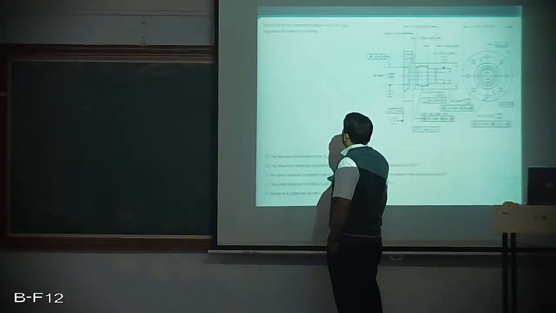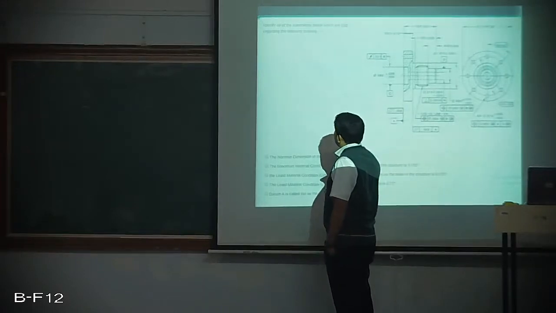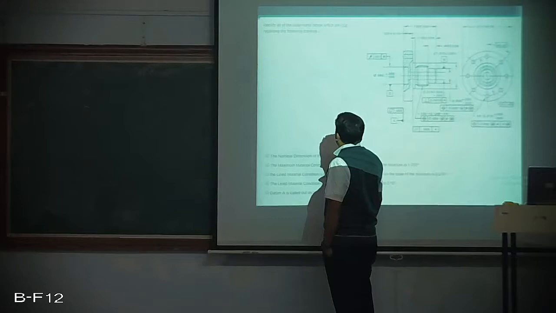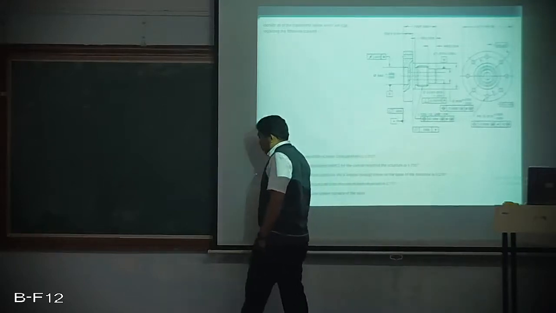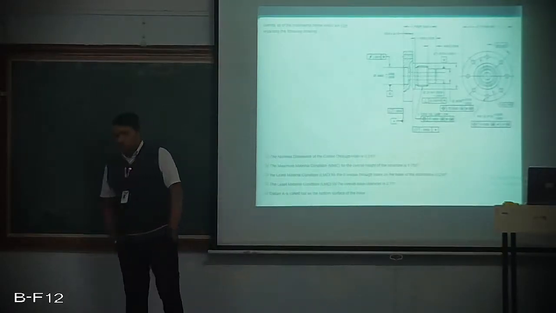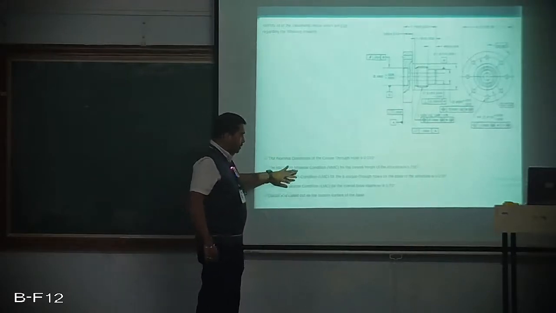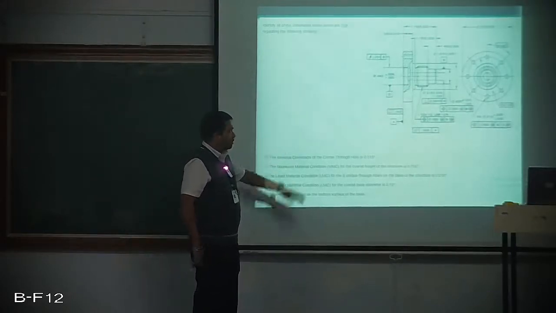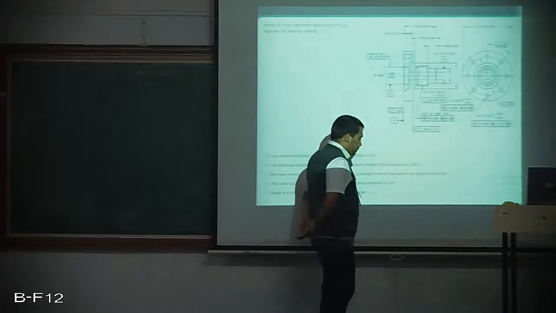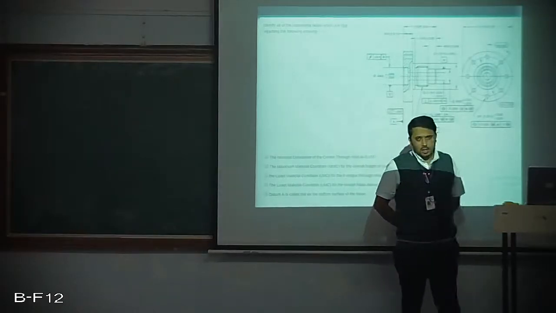So on the extreme left they have asked: identify all of the statements below which are true regarding the following drawing. There are 5 statements over here, and we need to identify which of them are true.